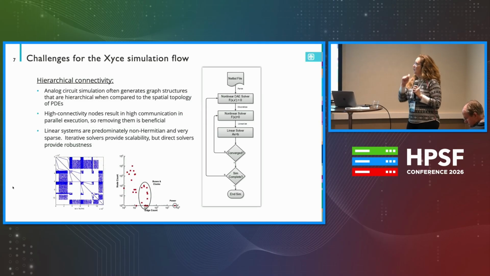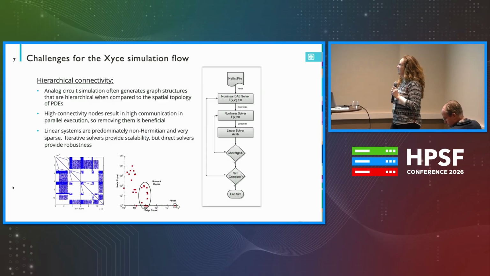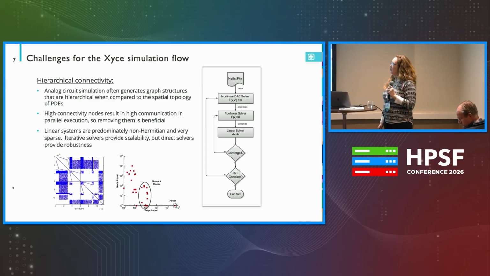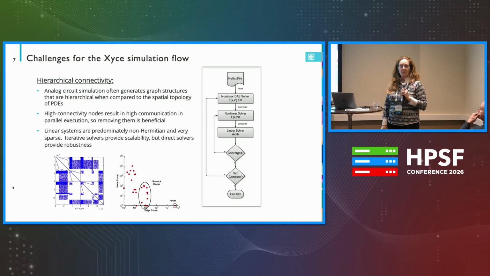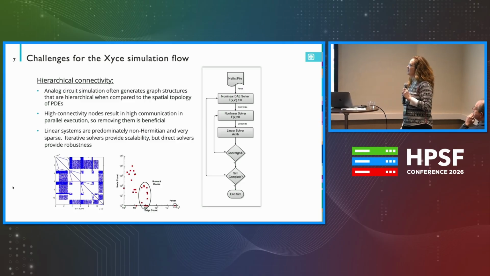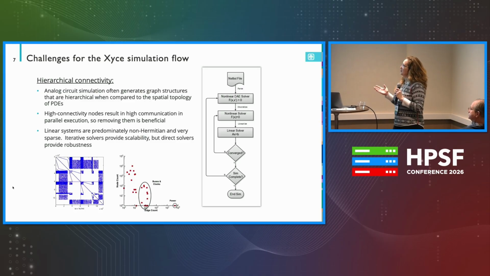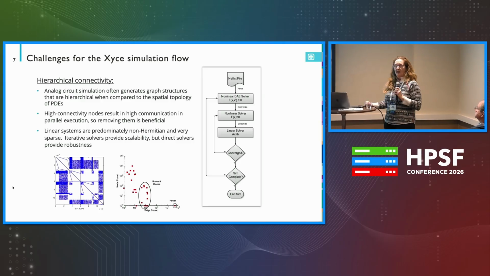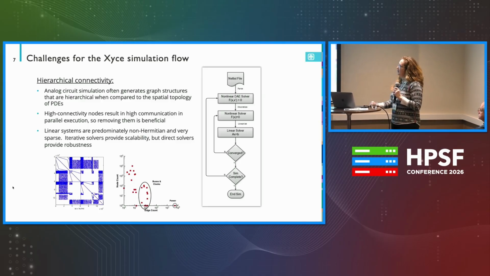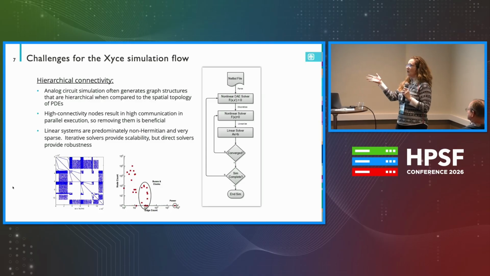Okay, so hierarchical connectivity. Network simulation codes are not based on a PDE or a mesh, so your graph structures are going to be hierarchical. You're not dealing with a spatial topology; you're dealing with, again, a network. You have high connectivity nodes, likely coming from, say, power sources.